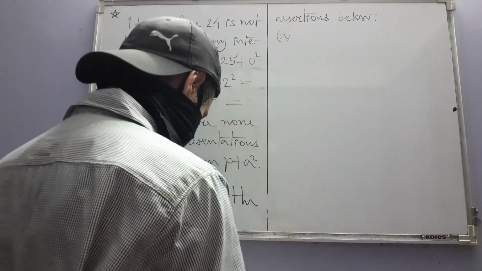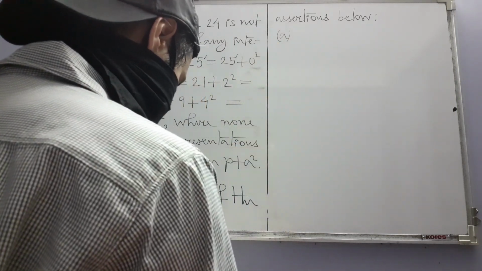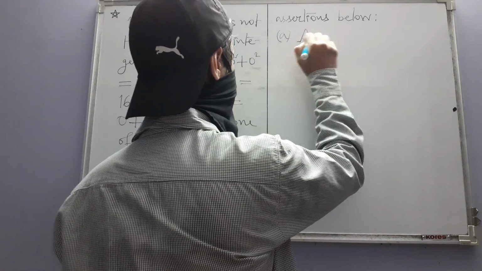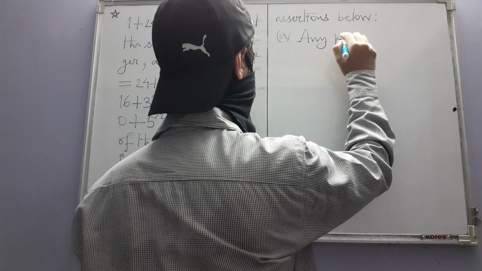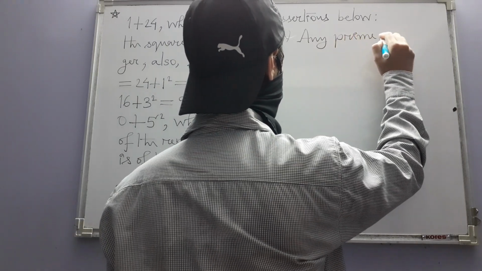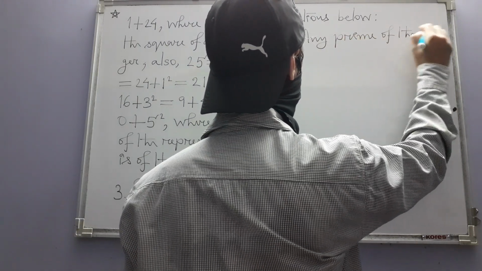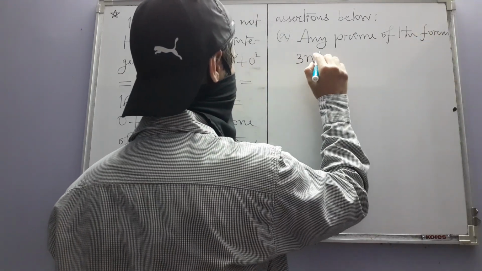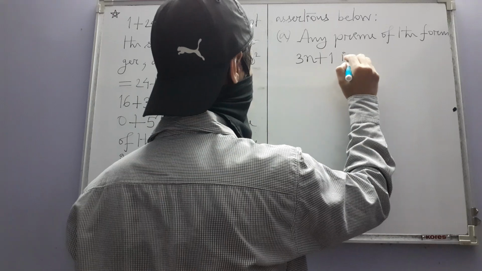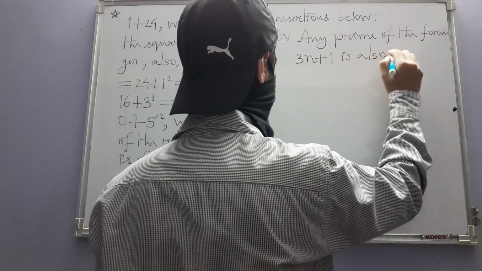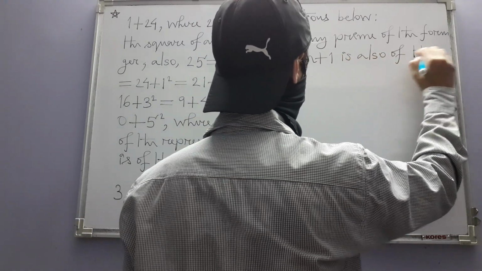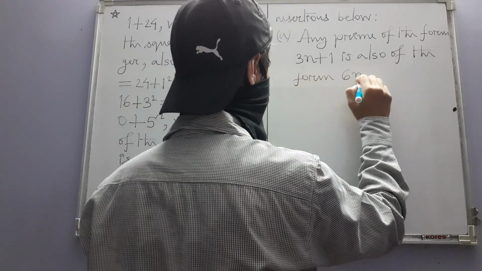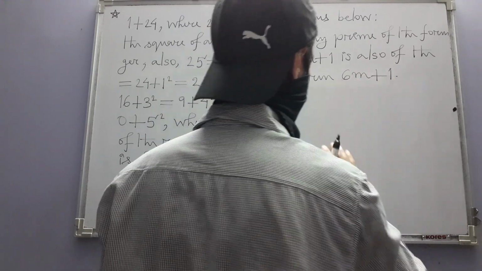A. Any prime of the form 3n plus 1 is also of the form 6m plus 1.